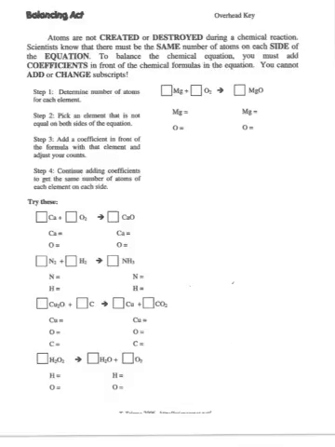And step 3 is to add a coefficient in front of the formula with that element and adjust your counts. And then finally, step 4, continue adding coefficients to get the same number of atoms of each element on each side. Okay, so we are going to work on this problem, the one that is magnesium plus oxygen. We are going to do that one on the next slide.